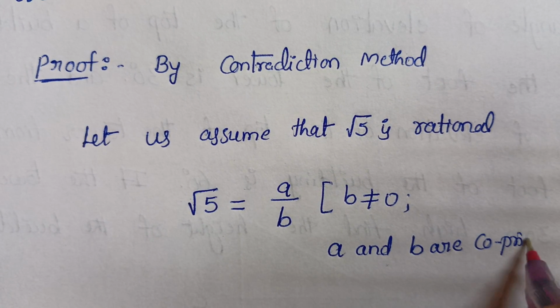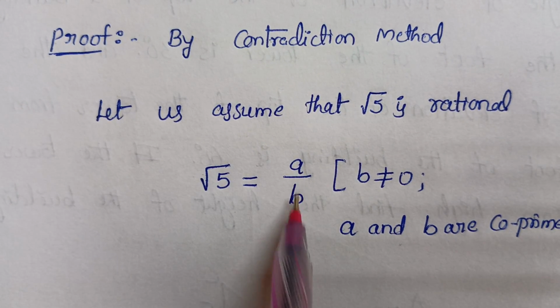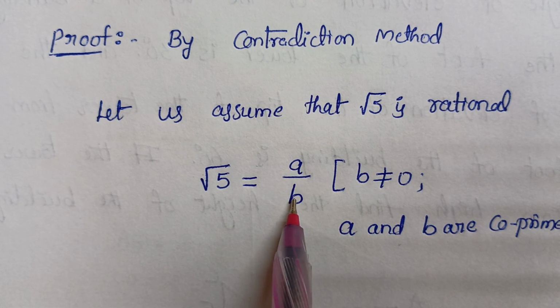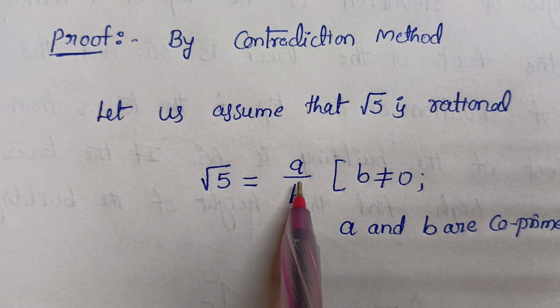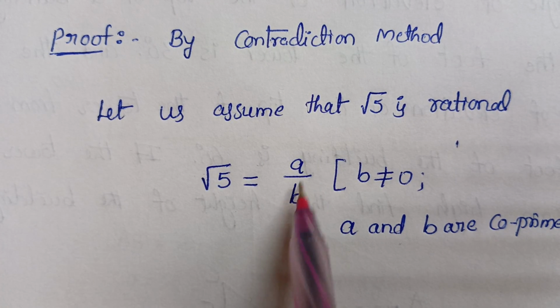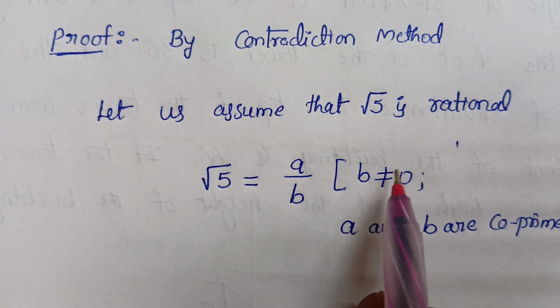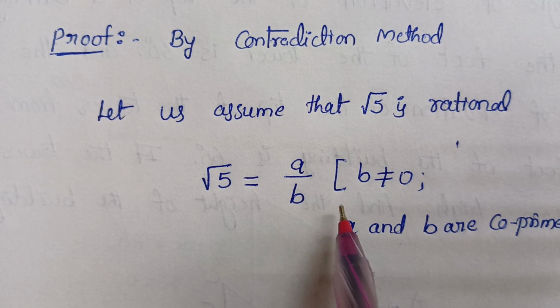What is co-prime? a and b both have the common factor 1 only. Other than 1, they don't have common factors. That is the co-prime meaning.